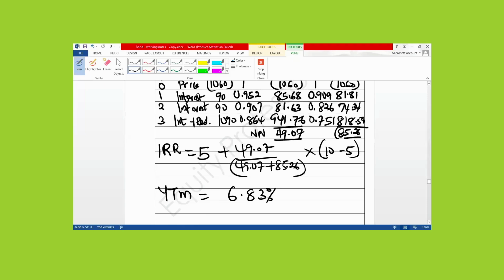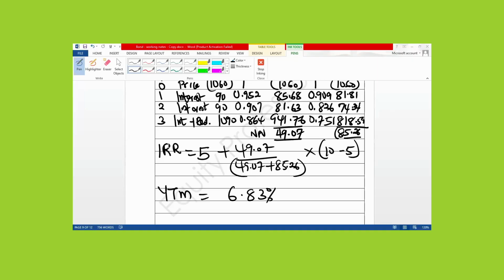Please reconfirm. Correct. We have calculated the yield to maturity as well as the price of the bond.